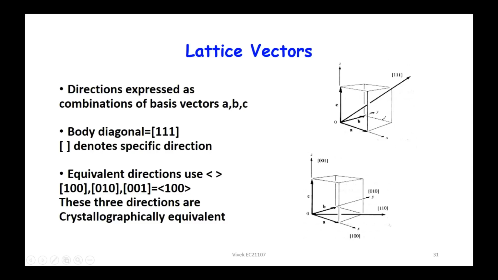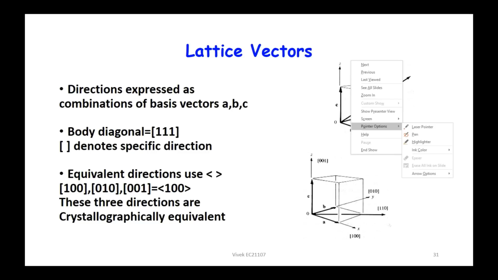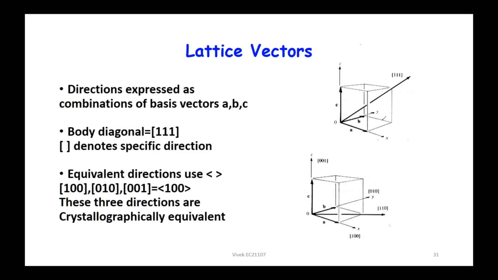So let's assume this is a cube with side length a naught. So these directions are expressed as a combination of these three vectors: a naught x cap, a naught y cap, that is the b vector, and the c vector will be a naught z cap.